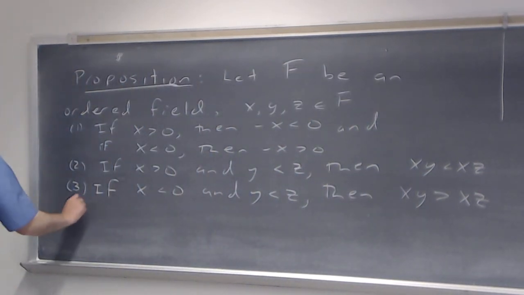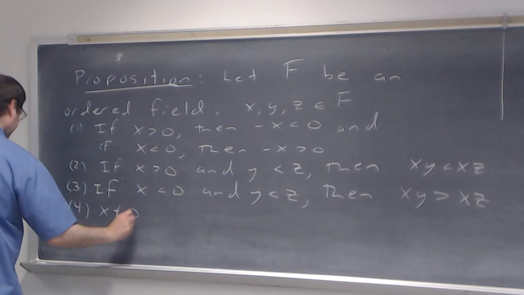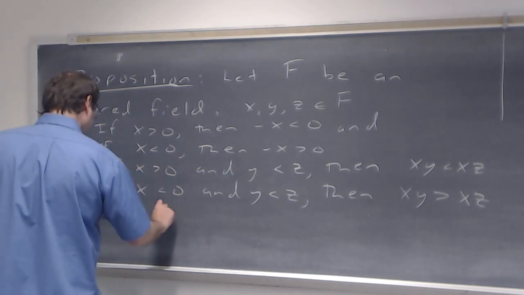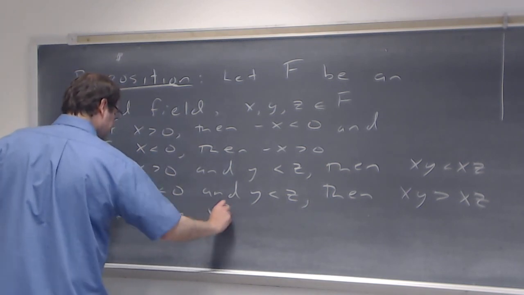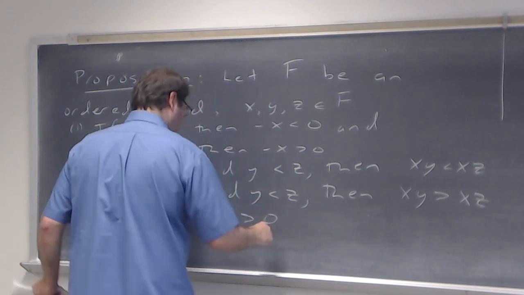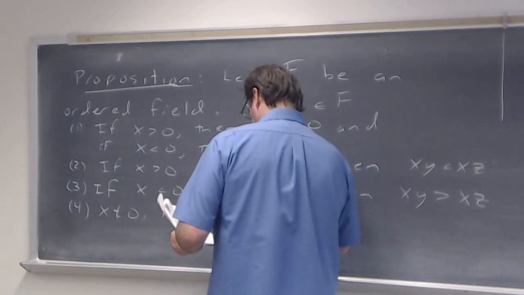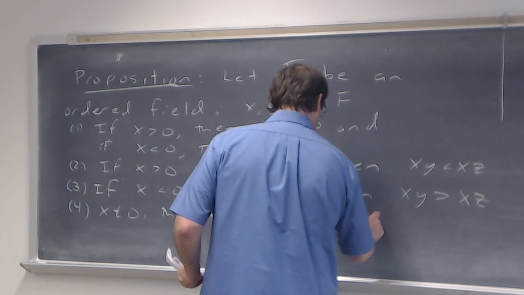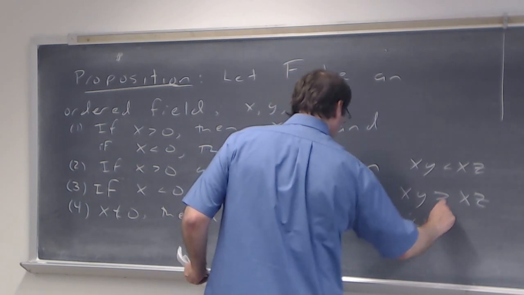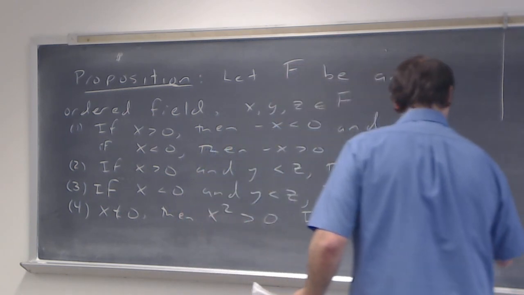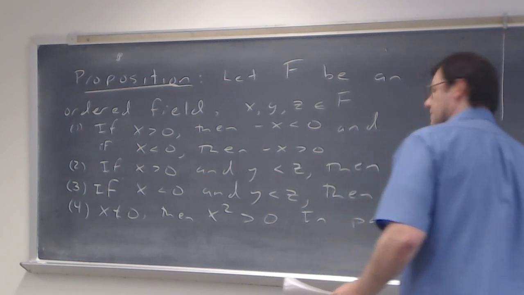Fourthly, if x is different from 0, then x squared is going to be greater than 0, or a positive number. And then, in particular, that says that 1 is greater than 0.